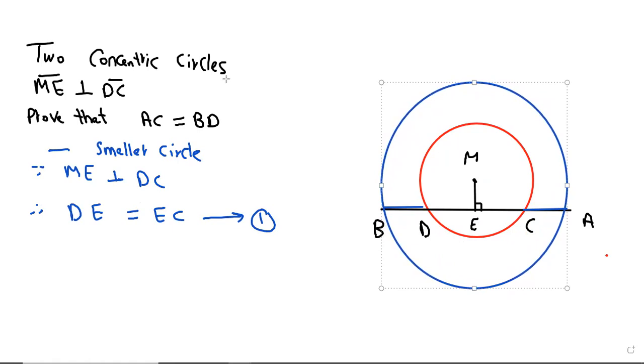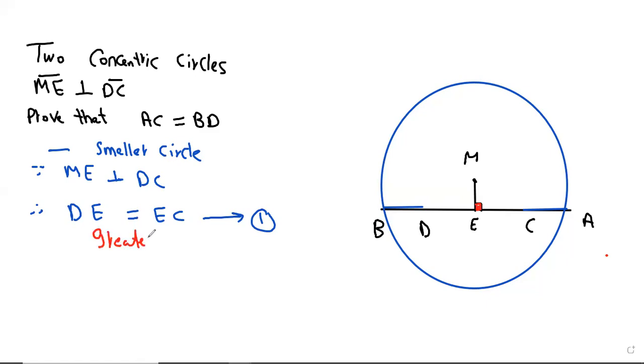just remove the smaller circle now and look at the greater circle only. You will find that ME is perpendicular to the chord AB. So in the greater circle, ME is perpendicular to AB.